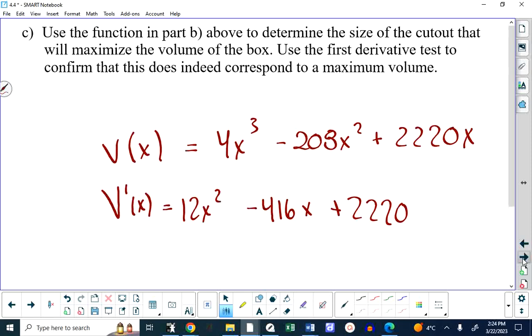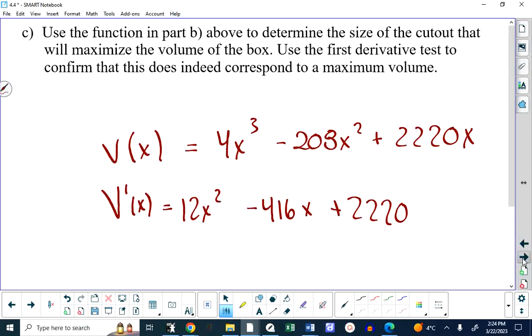I'm going to just jump right in and say, does 12 divide into 2220? It does. Wow. Does 12 divide into 416? Rats. Does 6 divide into 416? 4 is another number. I'm looking for factors of 12 that are as big as possible. 12 doesn't work. 6 didn't. 4 does.